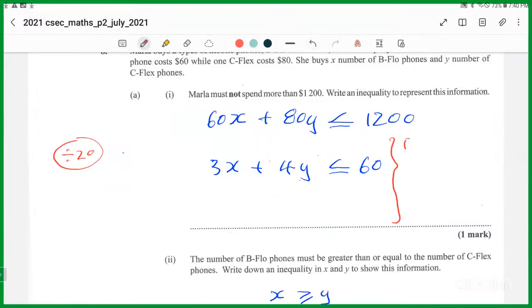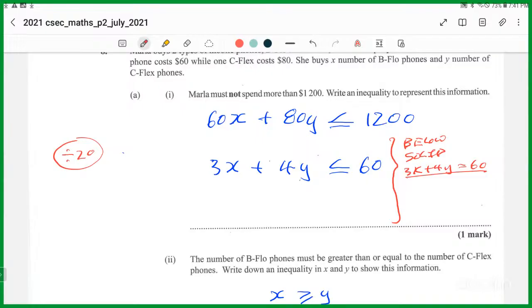It means that we want to go below this line. The equals is part of it, so we're drawing an unbroken solid line. The line that we're drawing is associated with this inequality, which is 3x plus 4y equals 60.